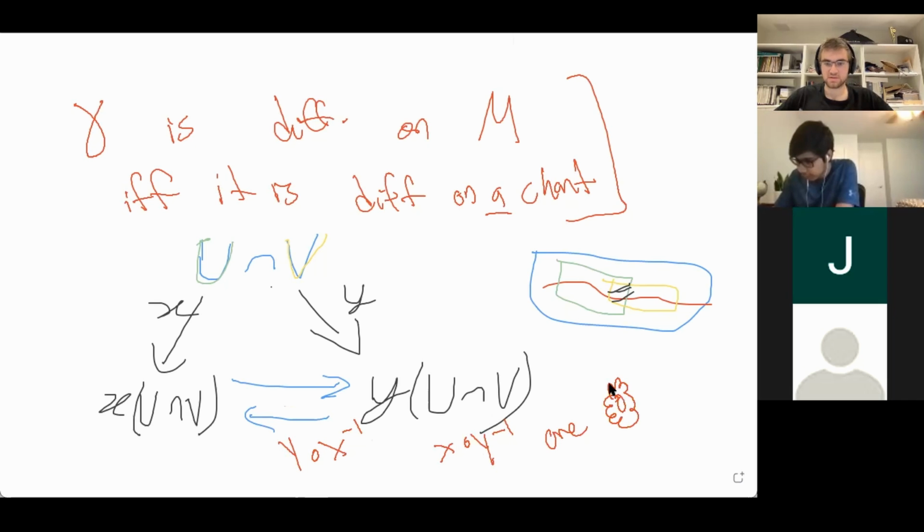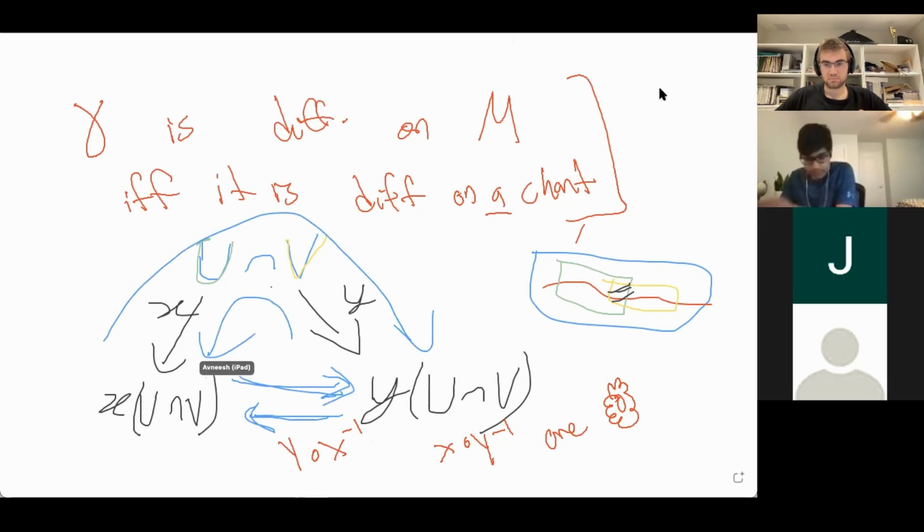So Y after X inverse would be this one over here, and X after Y inverse would be this one. Because Y after X inverse is like going from here to here, and then X after Y inverse would be going this way. And we want to check if they have this flower compatibility property. And this flower compatibility property is how we define differentiability.